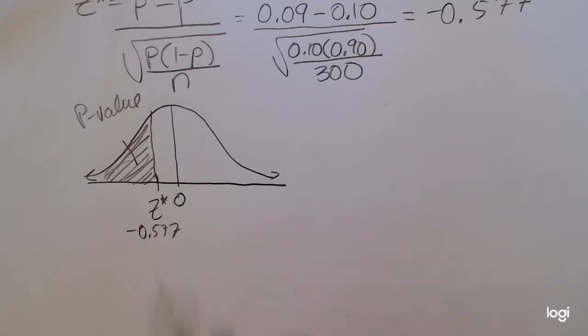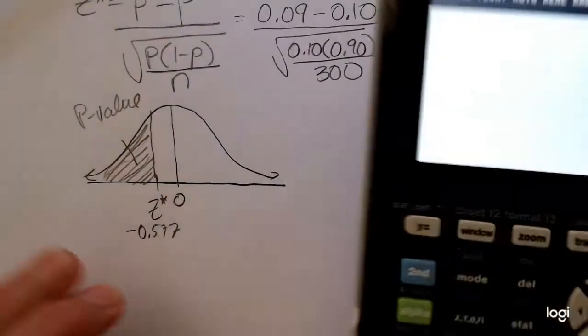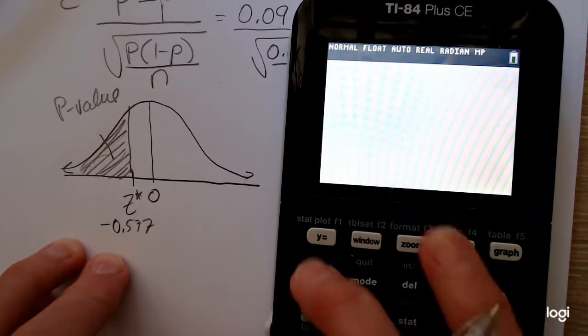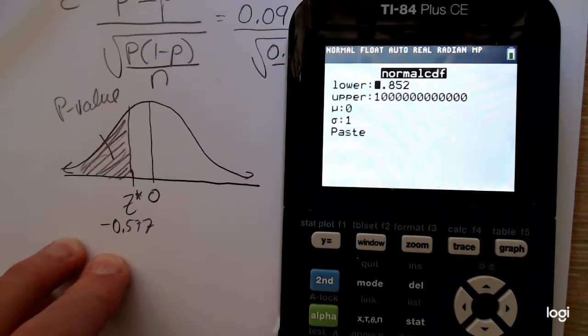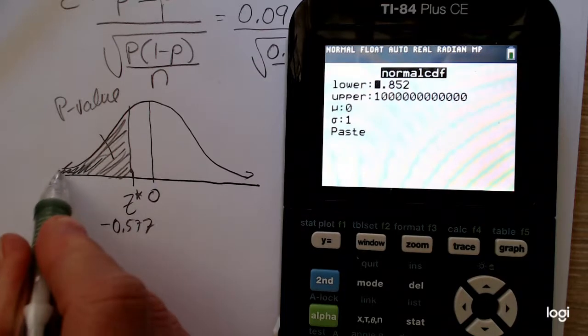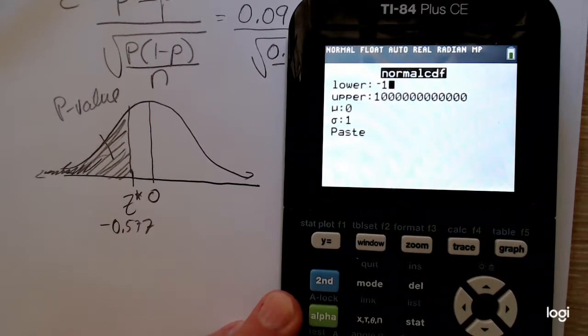When you're given a z-score and you want to find an area or a probability using the TI-84, you want to use the NormalCDF function. So I'm going to go ahead and do that. So going to my distribution menu, selecting NormalCDF, my lower bound is theoretically negative infinity, but you can just put in a 1 with a bunch of zeros.